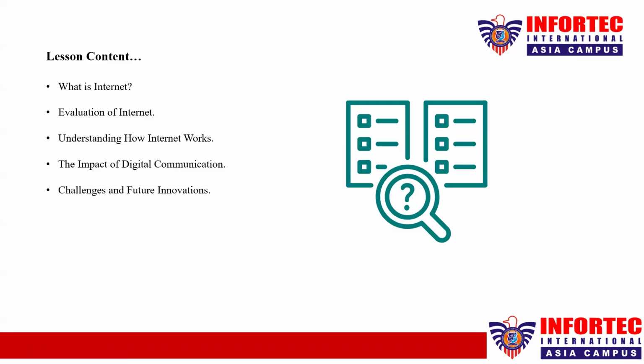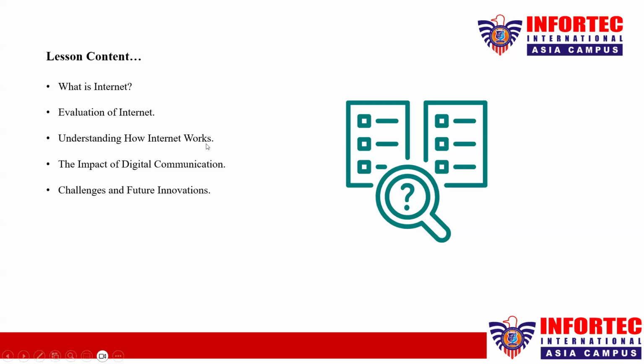For example, in education, in healthcare. So now we use the internet everywhere. There is no place where we don't use the internet. So we need to understand how the internet is used in every field and what kind of tools they use. So we will check that part under the third topic.